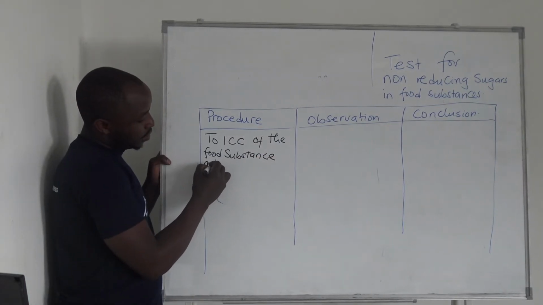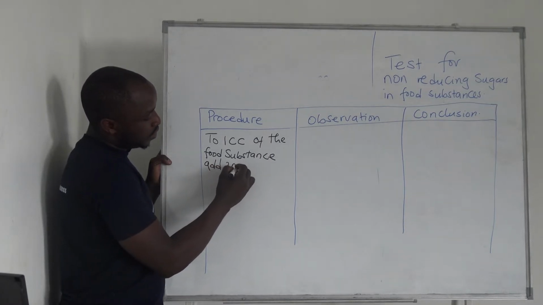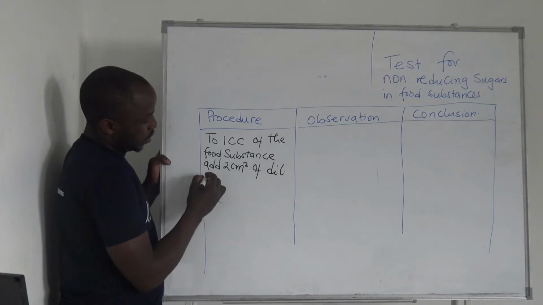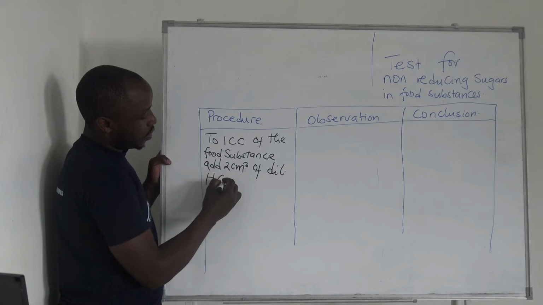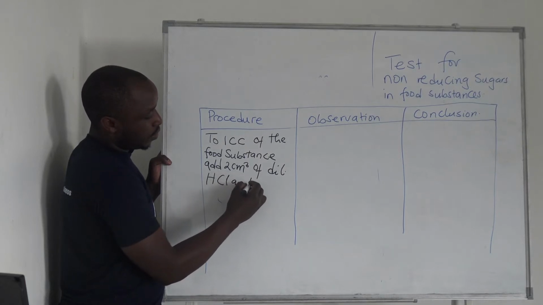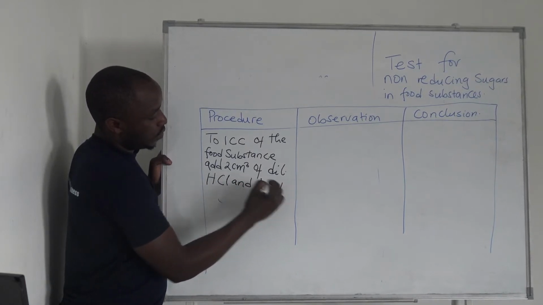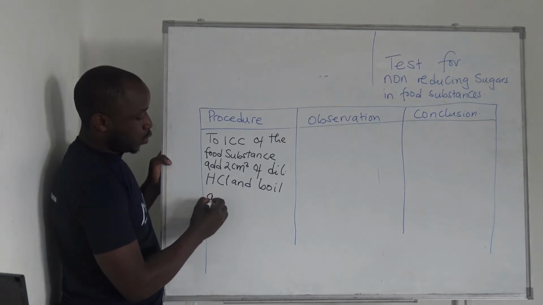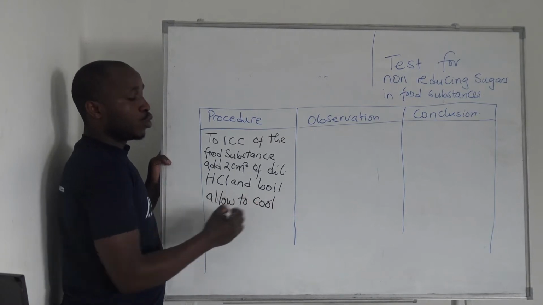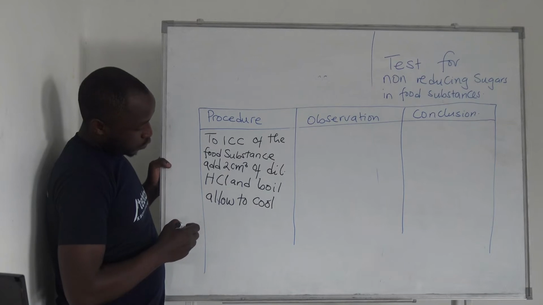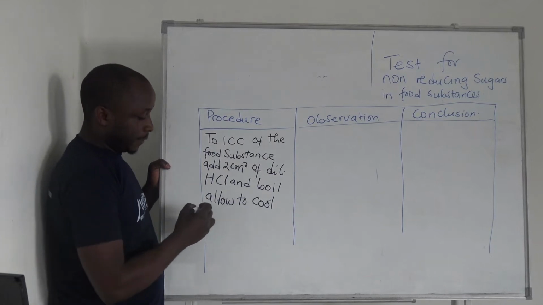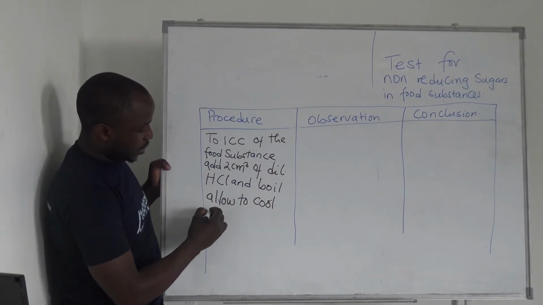We add 2 cubic centimeters of dilute hydrochloric acid and we boil. Then we allow to cool. Allowing to cool means you give it some time to cool. We don't dip it in water because we are dealing with glass apparatus. It will just break apart.